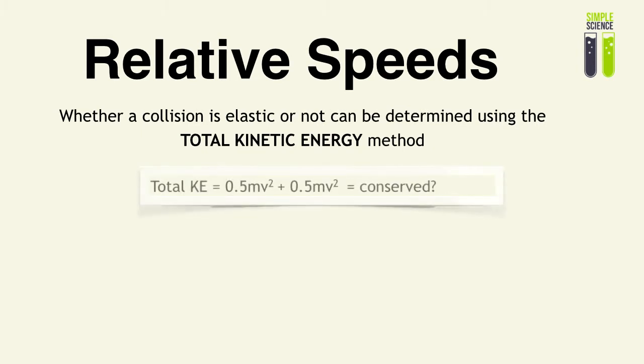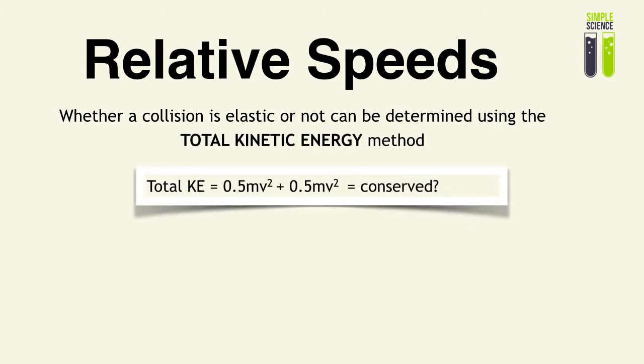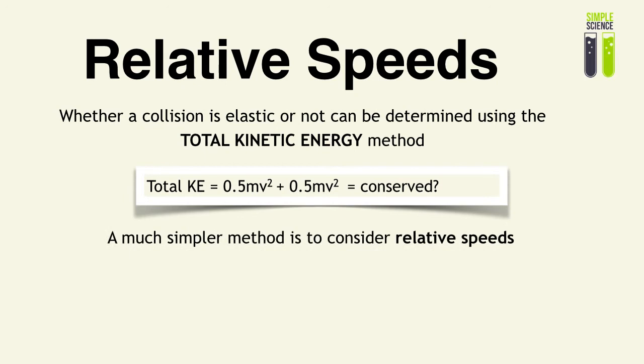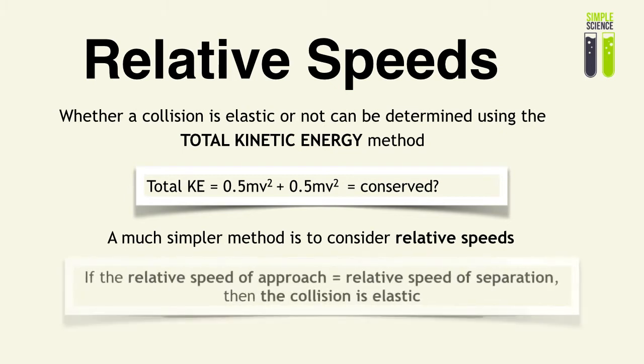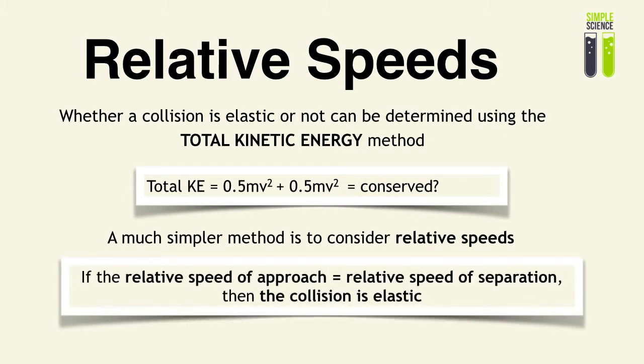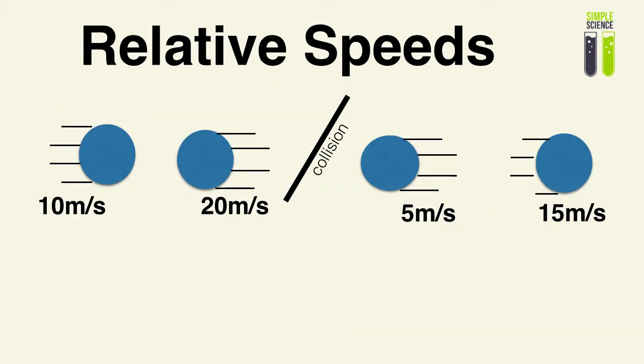However, there's a much simpler method, and that is to consider relative speeds. That means the speed of one particle relative to another. If the relative speed of approach is equal to the relative speed of separation, then a collision is elastic. Okay? So let's look at this example.